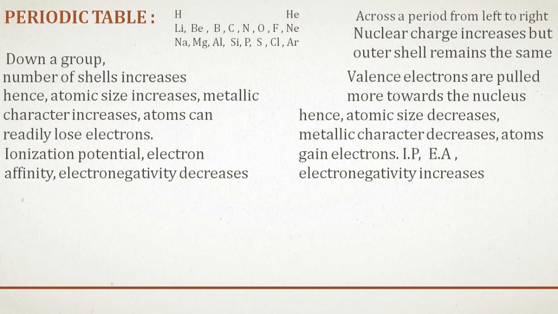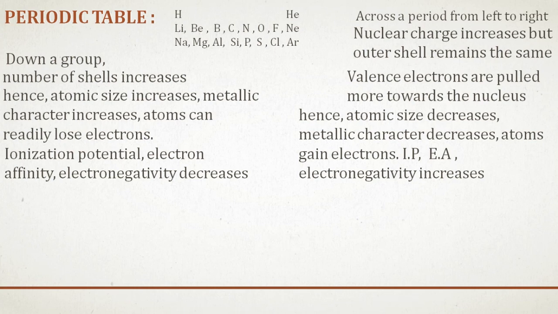Why does metallic character decrease? The tendency of losing electrons will decrease because valence electrons are pulled more towards the nucleus. Atoms gain electrons, yes, like say fluorine. Fluorine has 7 valence electrons, oxygen has 6 valence electrons. For them to attain stability, to attain the stable electronic configuration, that is the complete octet, they can add one electron.